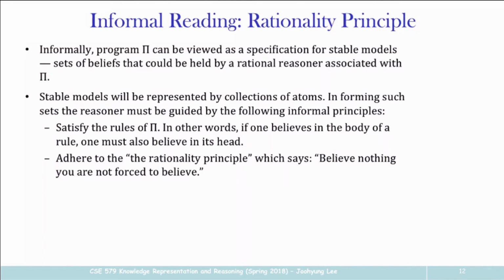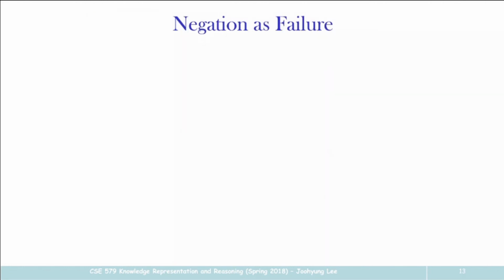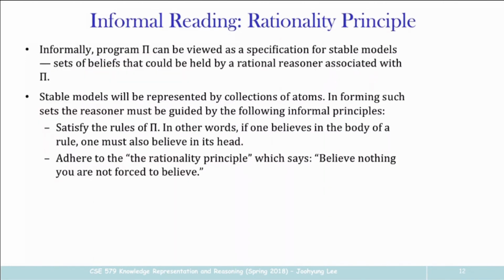If the body is necessarily true, then you have to include the head into your set of beliefs, which is the stable model. But if the body is false, then don't do that. Don't believe more than necessary. That is actually an informal thing.